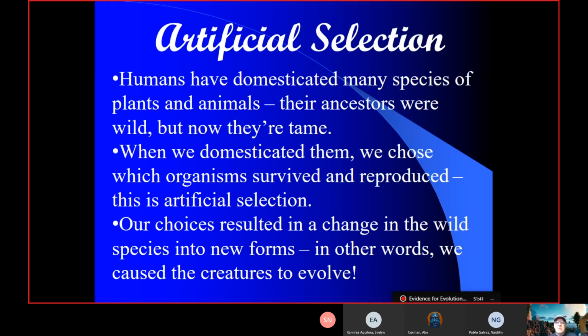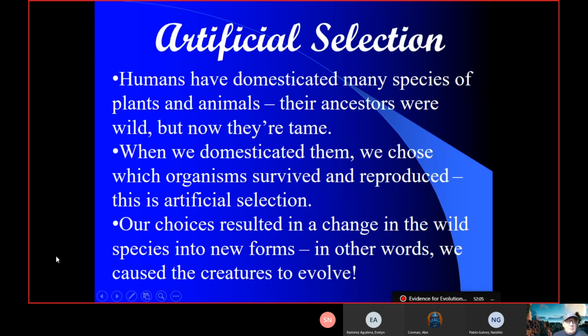And our choices resulted in a change in the wild species into new forms, like the Chihuahua, like corn, like dairy cattle, like roses are quite different than the wild roses. We have wild roses here at Tahoe, and you might not even recognize them as roses when you first see them.